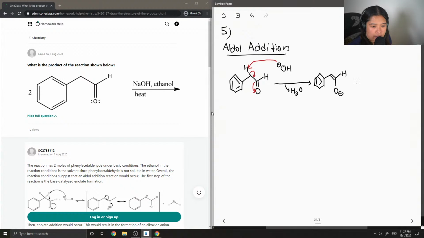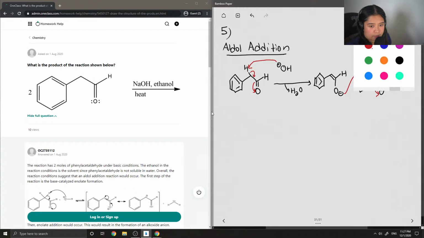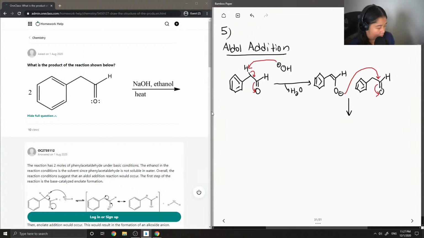So now this is where our second molecule comes in. So the negatively charged oxygen that was formed from our first step comes in and attacks the aldehyde. Which then gives us the following intermediate.